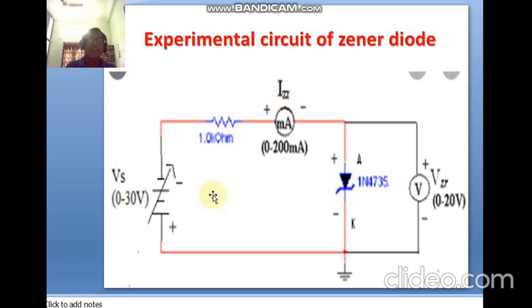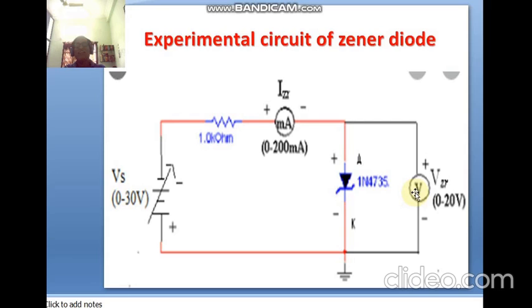Now if you come to the experiment, initially this Vs is the voltage source. It will be variable, but we keep it as a constant value to maintain it throughout the circuit. So here Vs is kept constant and we change the values of Vz using a rheostat.